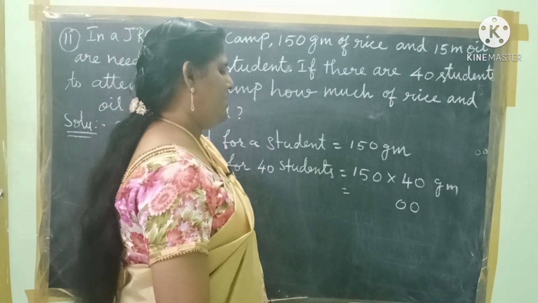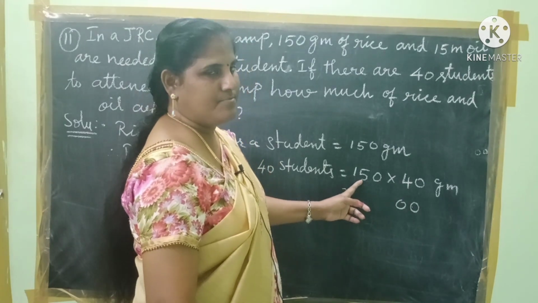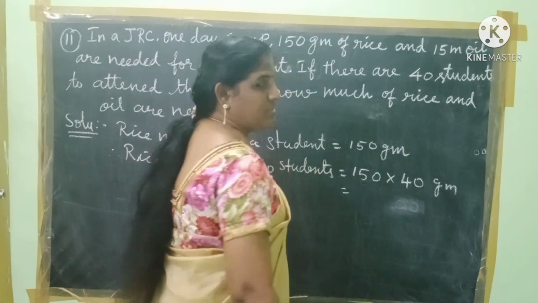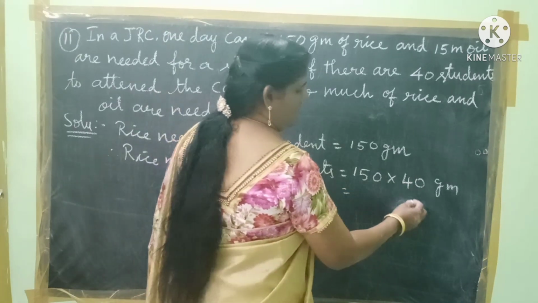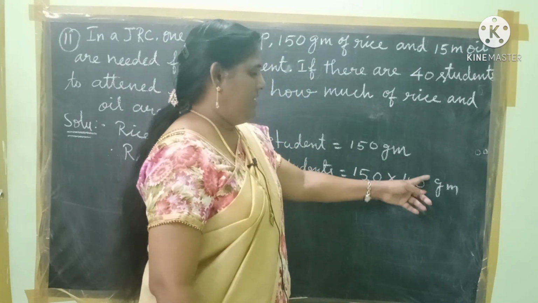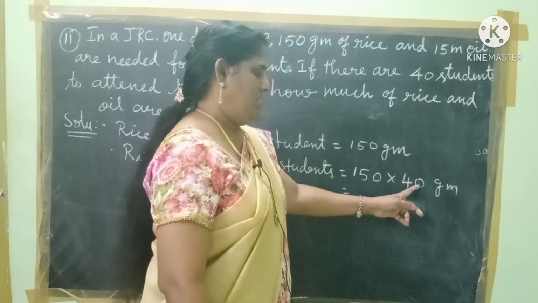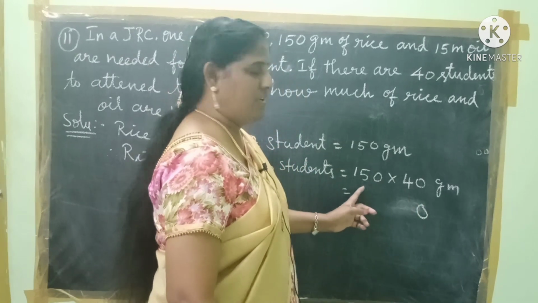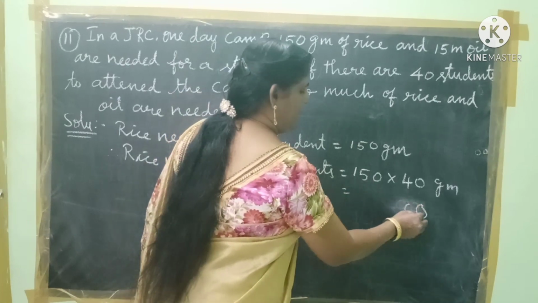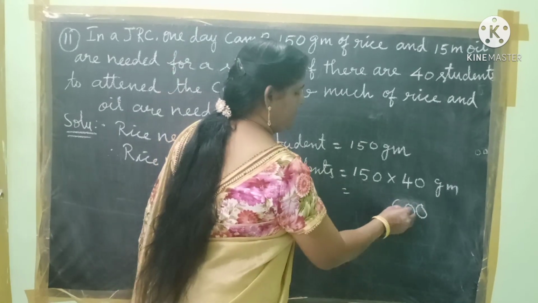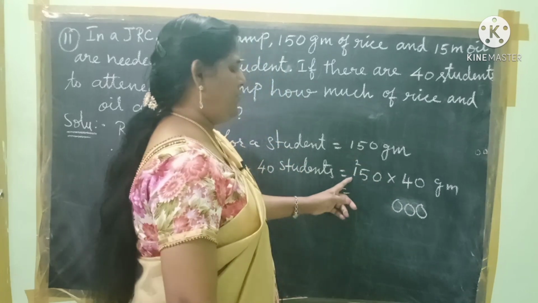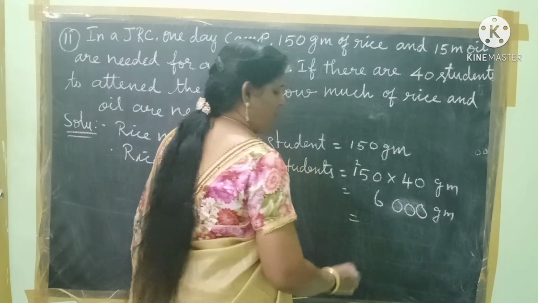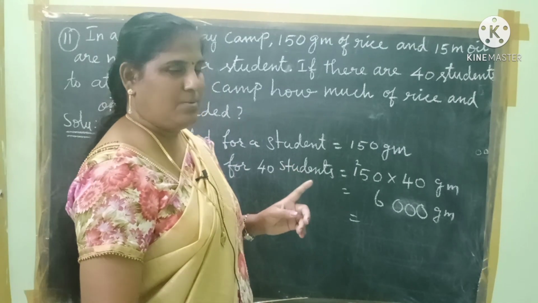Okay. If the number is given in tens form, first you add the 0 to the answer, then multiply with the other numbers given. 0 4s are 0. 5 4s are 20, carrying 2. 1 4s are 4. 4 plus 2 is 6. 6000 gram. 1 kilogram equals 1000 gram.